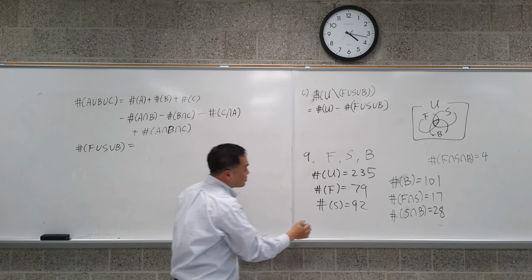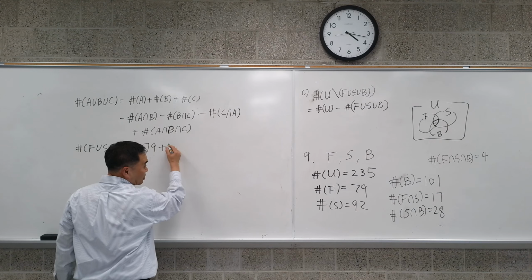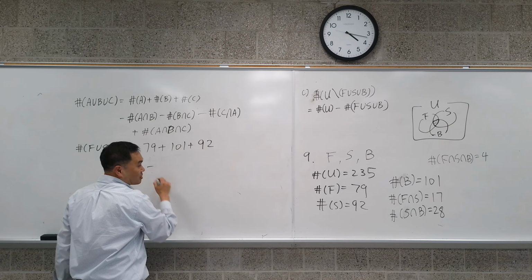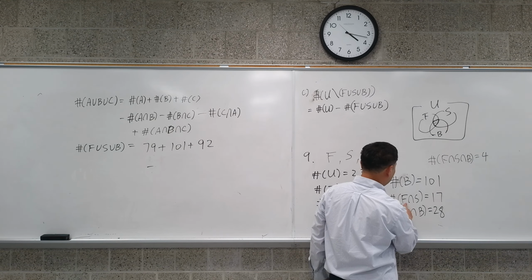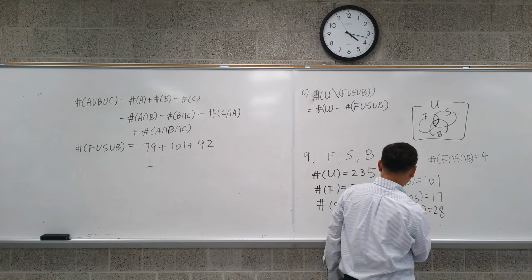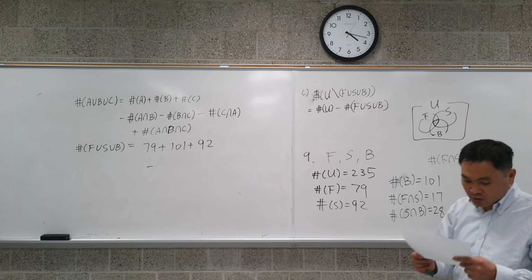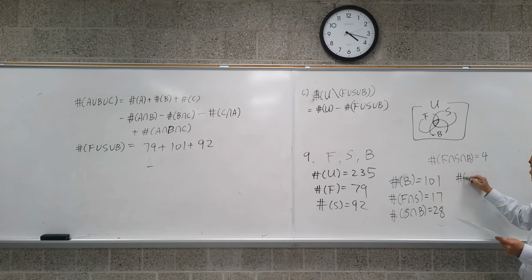You first add up all the numbers, 79, and somebody get a calculator ready because this one is beyond my ability. And then you have to do FS, SB. Gee, I forgot to put a value for one of the intersections. Oh, yeah, it's here. FS. There's FB that's also given that I forgot to write here.